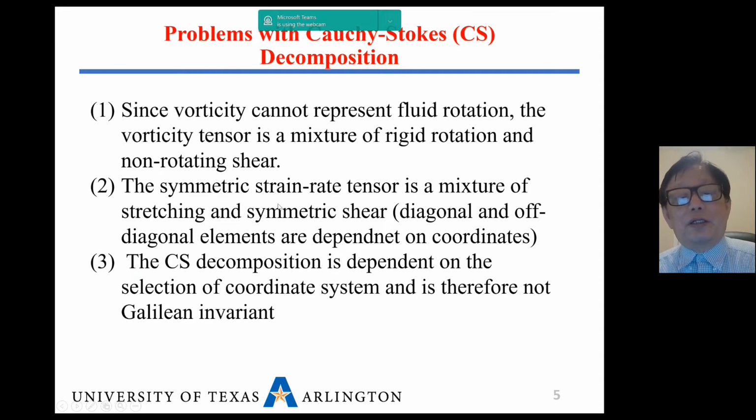The symmetric strain rate tensor is really a mixture of stretching and symmetric shear, or we say the diagonal part and the off-diagonal part. But they are dependent on the coordinates. Therefore, the Cauchy-Stokes decomposition really is dependent on the coordinate system.